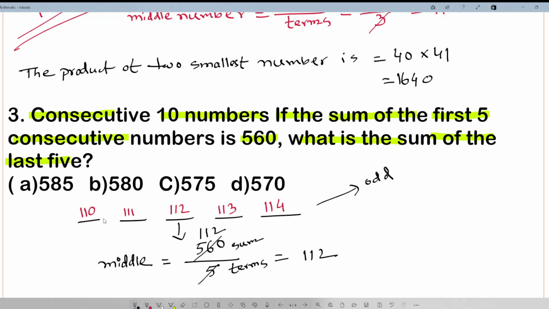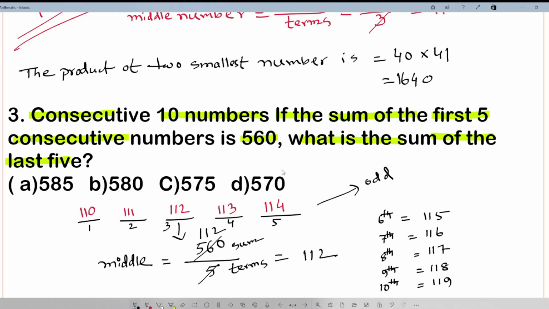So these are the first 5: 1, 2, 3, 4, 5. So what will the 6th be? The 6th will be 115. The 7th will be 116, the 8th will be 117, the 9th will be 118 and the 10th will be 119.